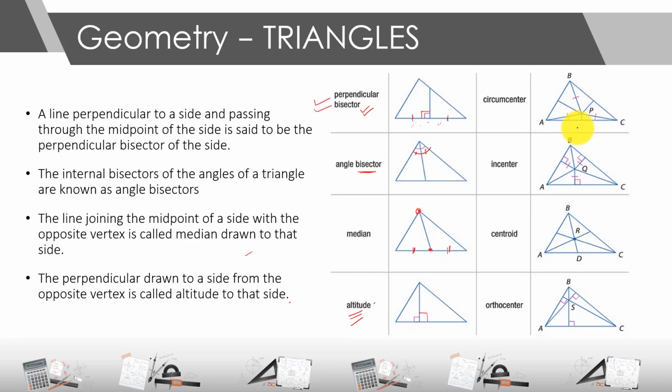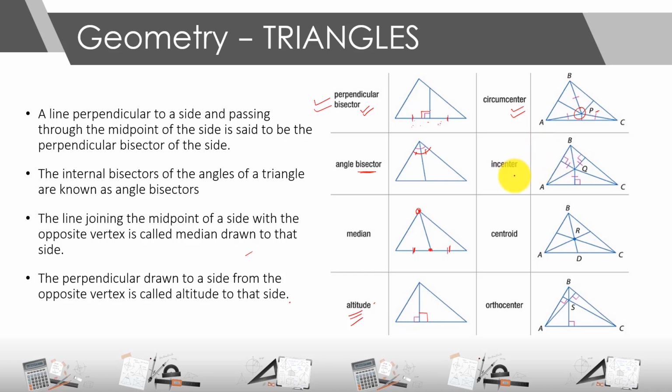For example, in the first scenario, when we are creating perpendicular bisectors for all the three sides, then that intersection point, which is denoted here as P, will come. This point is called a circumcenter. Now the circumcenter has special properties which we will discuss in the next slide. You must remember that circumcenter is the intersection of three perpendicular bisectors.